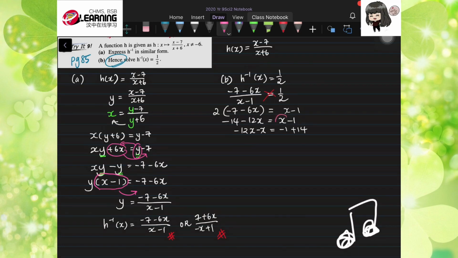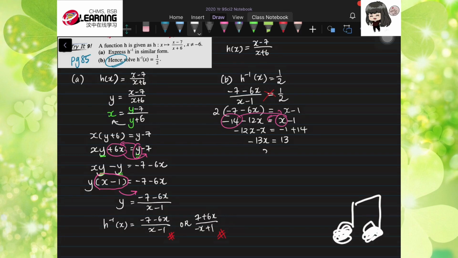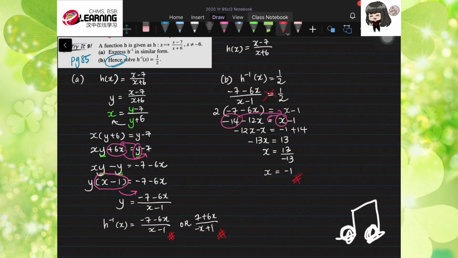I just move the x and I move the negative 14 to the other side. So negative 13x equals to 13. So x will be equals to 13 divided by negative 13, and your x is negative 1. Here you go, you have solved your equation.